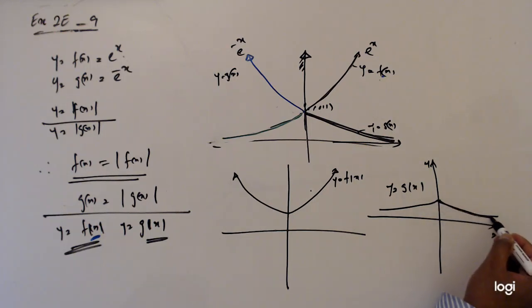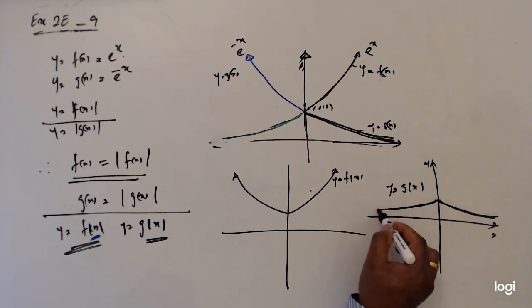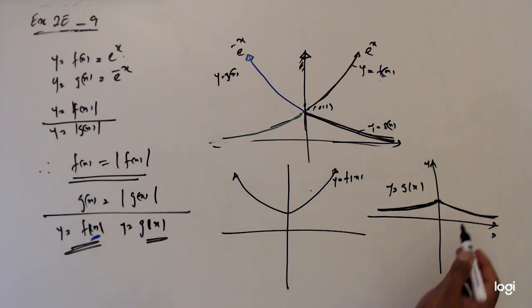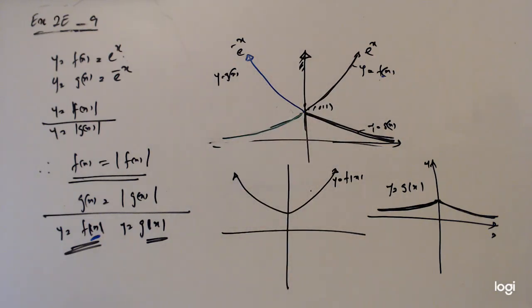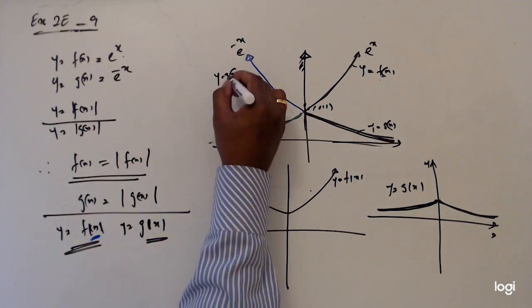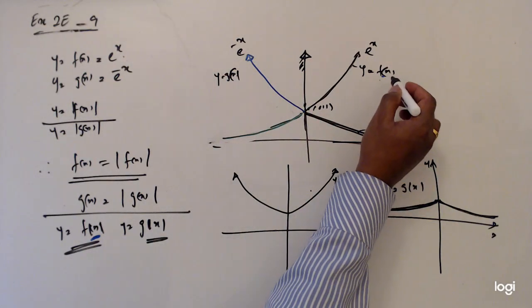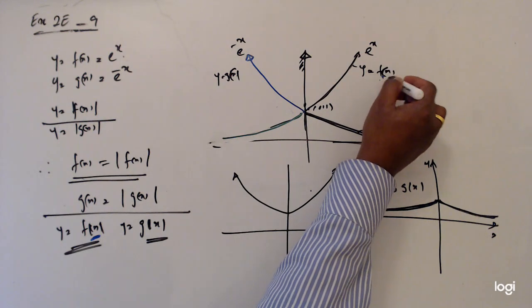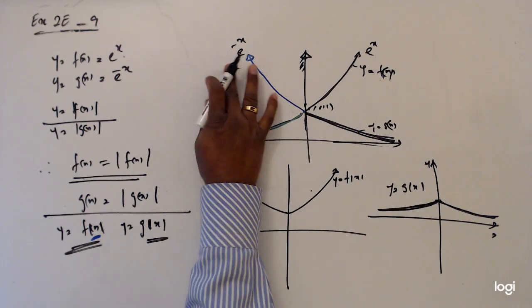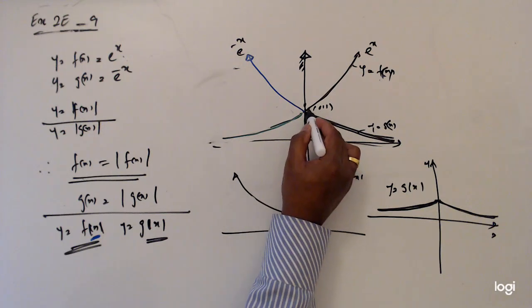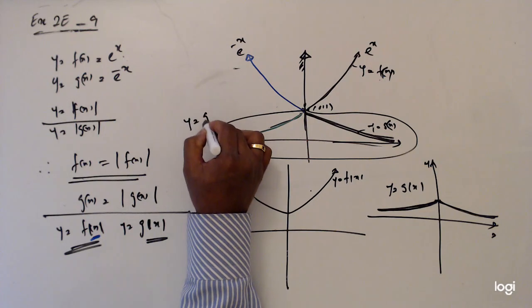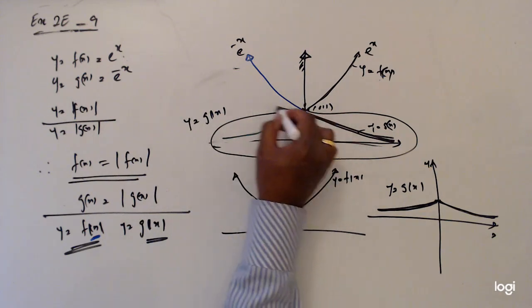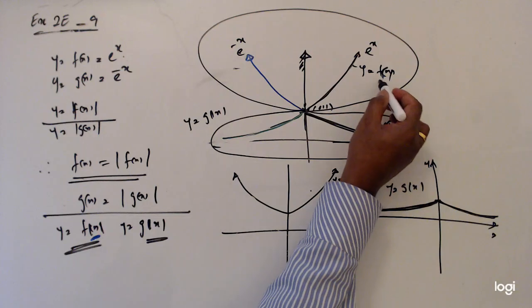So this is the graph part, and this is the mirror reflection of this part. So this is both graphs in one axis, g mod x and f mod x. So this is g mod x, and this part is y equal f mod x.